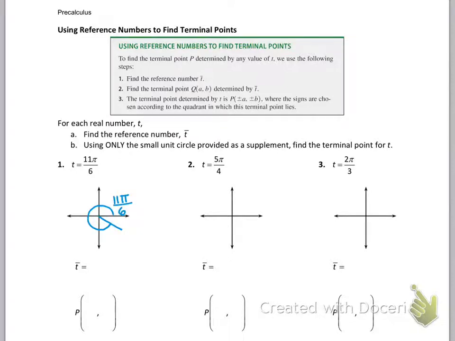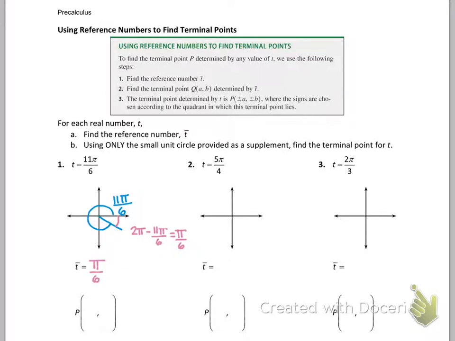So we need to find the reference angle. So my reference angle is going to be from 2 pi. So 2 pi minus 11 pi over 6 equals pi over 6. So that's my reference angle.